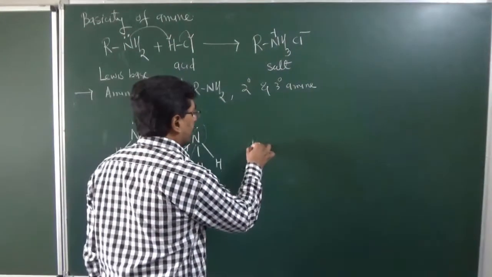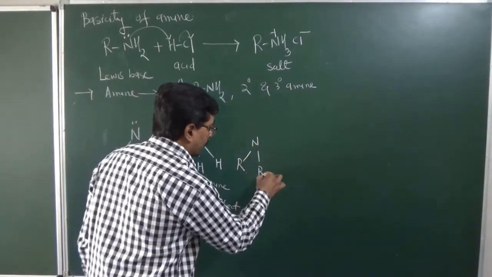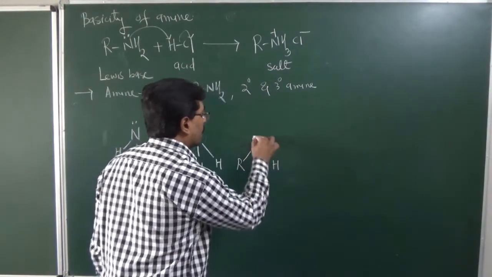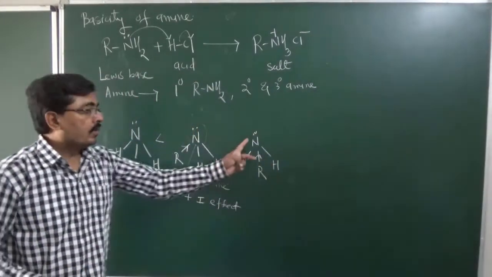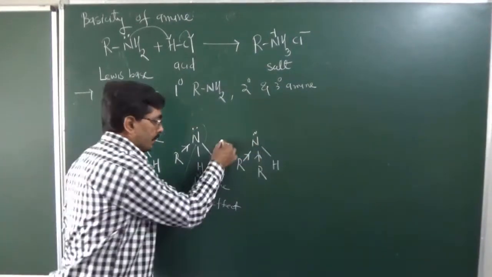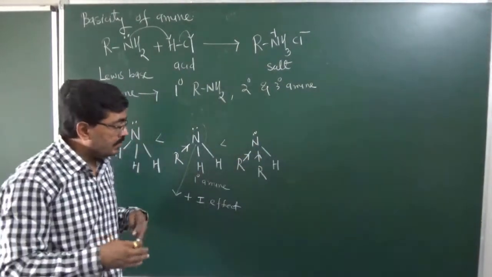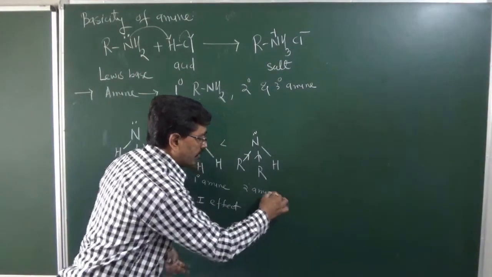Now the secondary amine has two alkyl groups, therefore it has two electron donor groups, and so the electron density on nitrogen of the secondary amine is more as compared to the primary amine. Therefore the secondary amine is more basic than the primary amine.